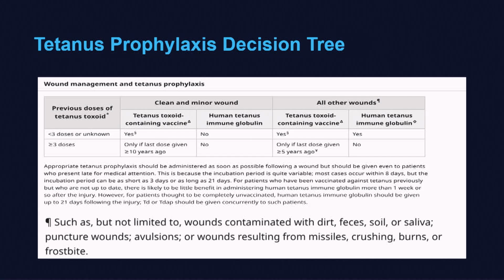For all other wounds, like dirty wounds, or wounds contaminated with dirt, feces, soil or saliva, or having avulsions, or wounds resulting from missiles, crushing, burns or frostbite, we should definitely give the immunoglobulin too. The people who have taken 3 or more doses generally do not require any immunization if they have taken it within 10 years. But a patient with HIV or an immunosuppressed patient might require it if they have taken it less than 5 years ago.